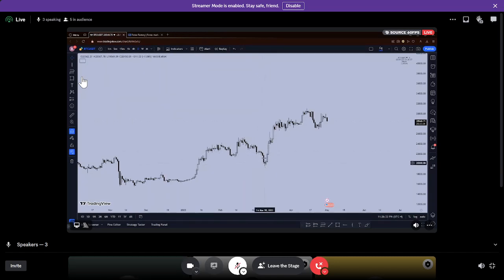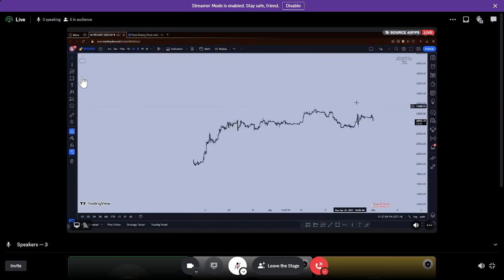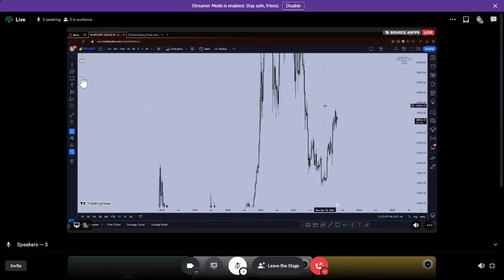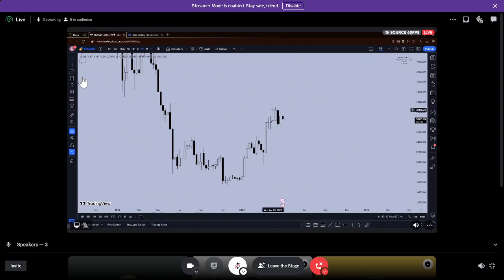So we reversed here, and this is the original area where we really started reversing. This is the origin of where this move came from. But there's no way to know this on the higher time frame until, like I said, this range breaks.